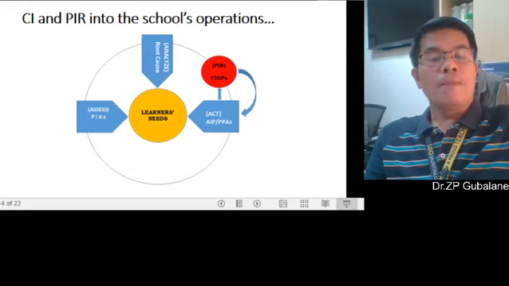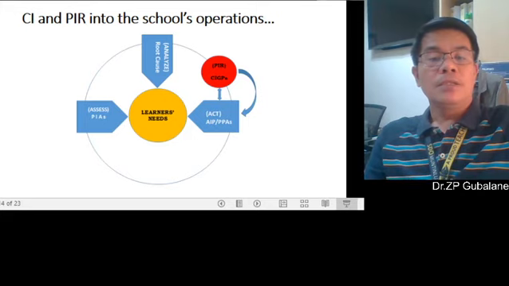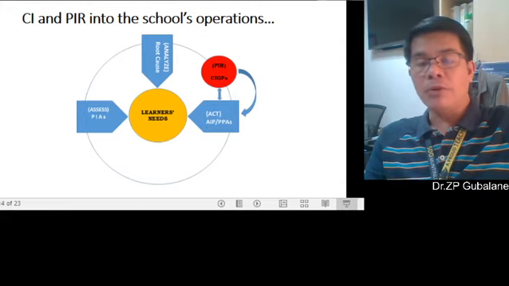Now, in act, the output there is your AIP, or your annual implementation plan, and your programs, projects, and activities, which are basically part of your annual implementation plan.